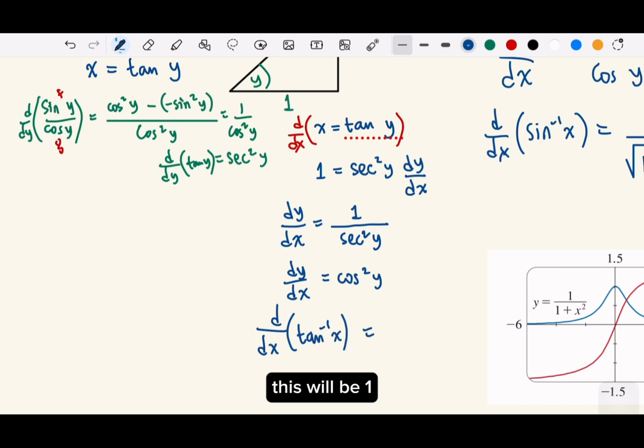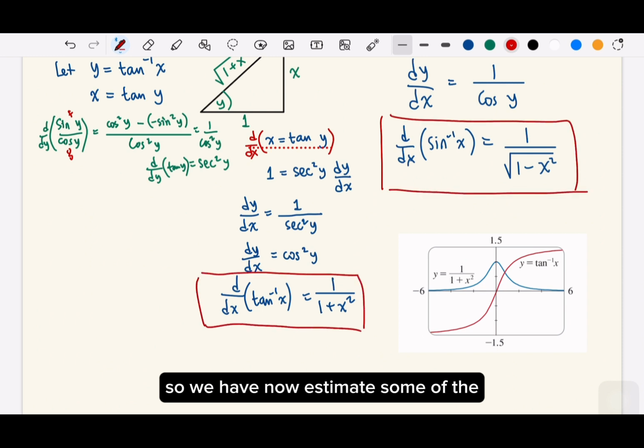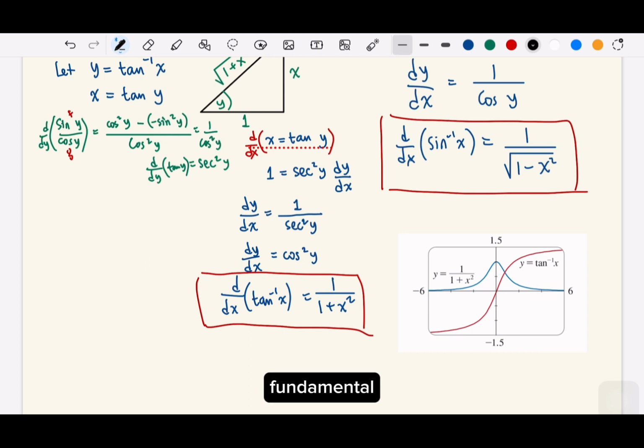This will be 1 plus x squared. Okay. So we have now established some of the fundamental functions for the inverse of trigonometry.